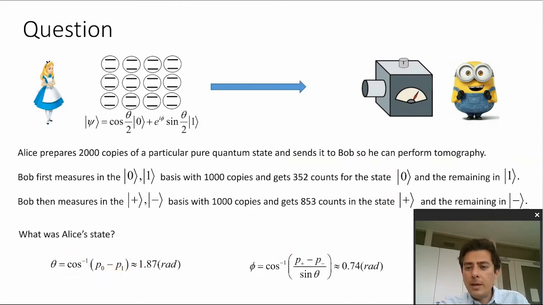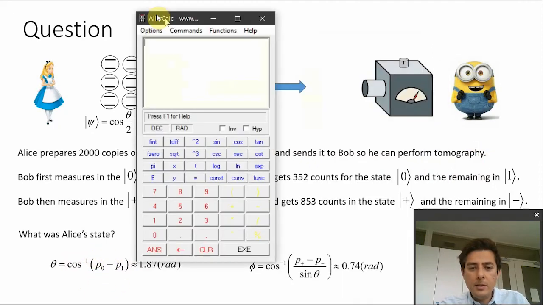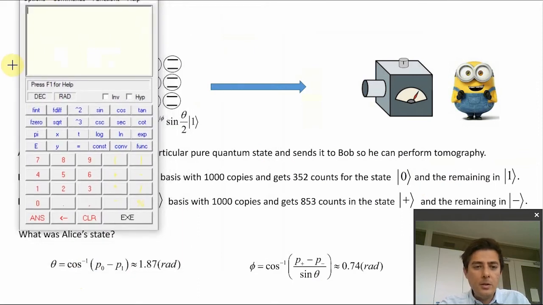So first let's work out what is the probability of getting 0. Obviously in this case it is just going to be equal to 352 divided by 1,000, because we've got 1,000 copies and 352 of those were in the state 0. So the estimate of P0 would be just 0.352.